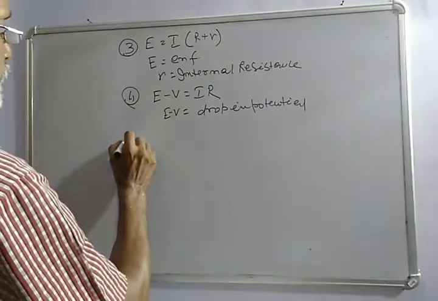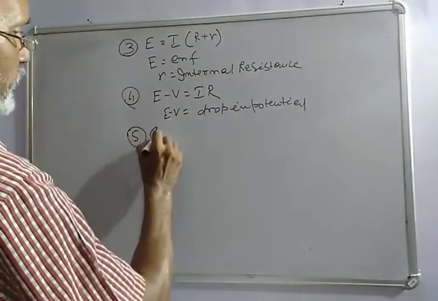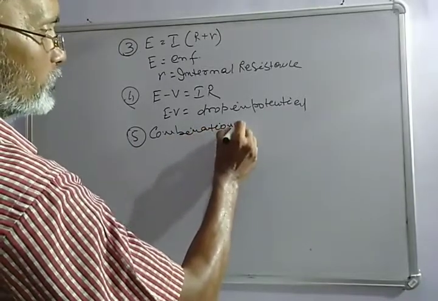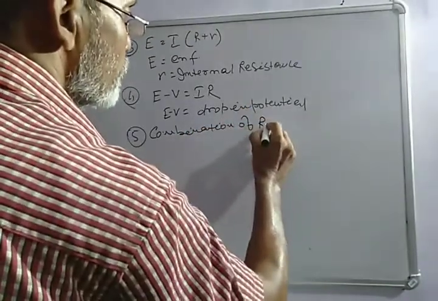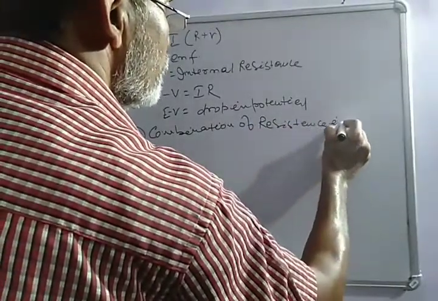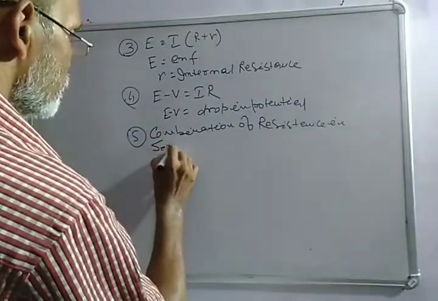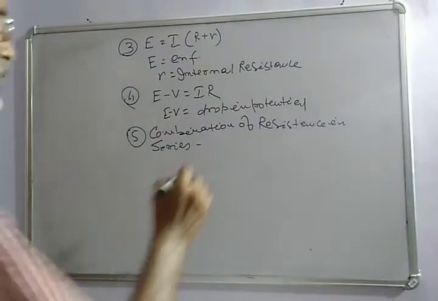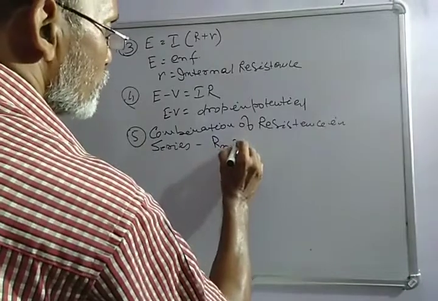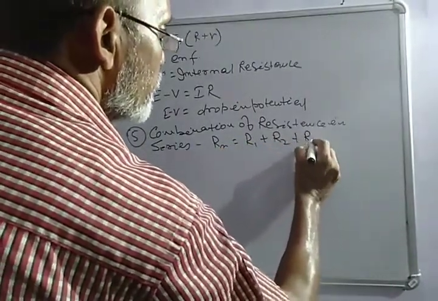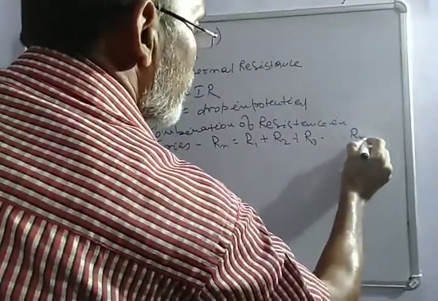Similarly, combination of resistance in series: Rs is equal to R1 plus R2 plus R3 till Rn.